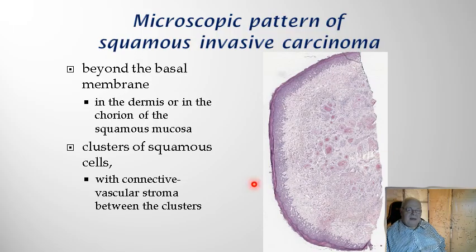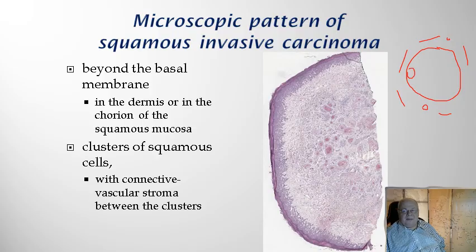At microscopic level, we have the same general pattern of islands with stroma surrounding, connective tissue with small vessels in the surrounding. The difference is that these islands are made of atypical, it's true, but large squamous cells, meaning with a high quantity of cytoplasm, larger or smaller nuclei inside, with atypia and mitosis.